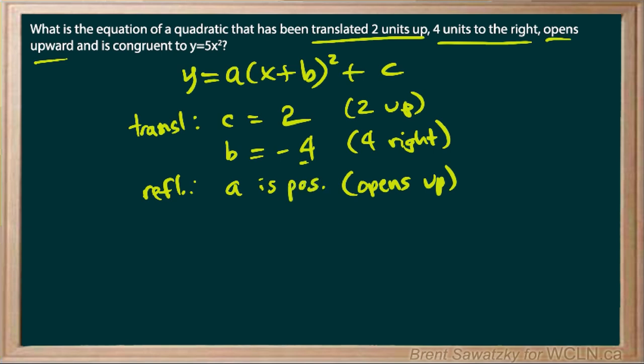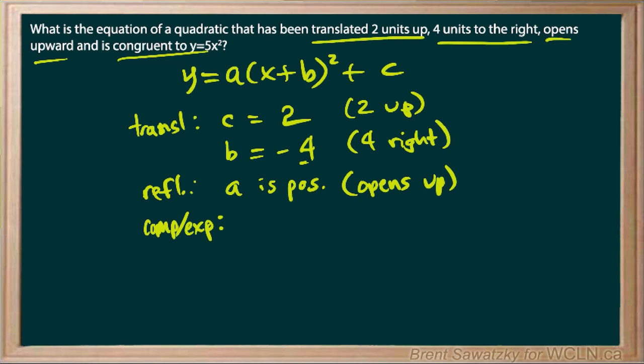Okay? And then the last bit that we want to look at is compression or expansion. Now, there's no wording here specifically talking about an expansion or a compression, but we are told that it is congruent here.